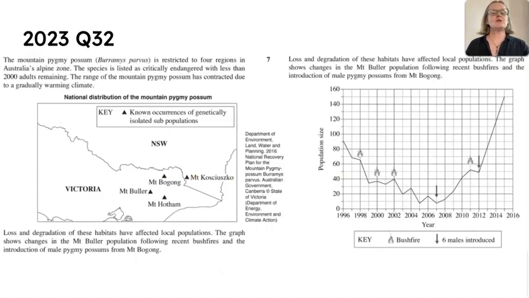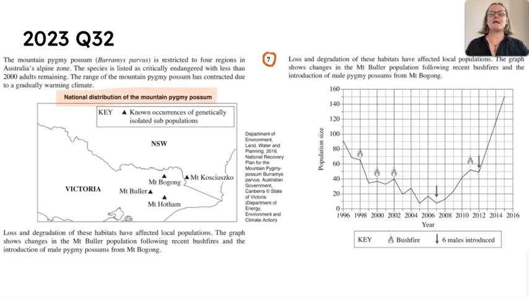Now, the question we're going to look at here is quite small, but you're going to need to look at all of this because it's a big stimulus question. You can see that it's worth 7 marks. We'll come to the question itself in a minute, but let's start off by engaging with the stimulus. So we have a map on this side, which is the national distribution of the mountain pygmy possum.